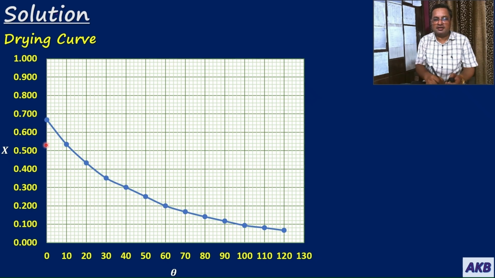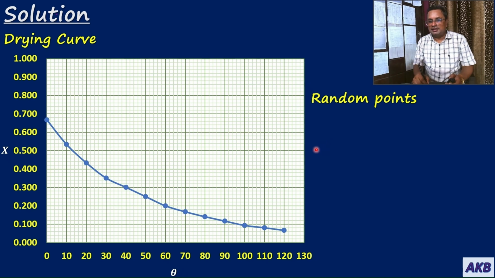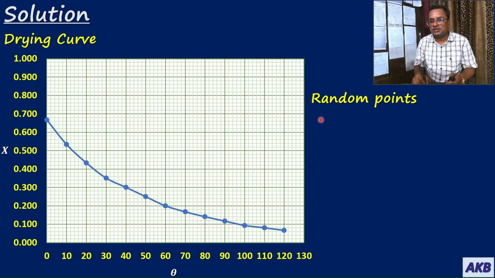So this is the drying curve that is obtained by plotting the experimental data, the data of moisture content on dry basis versus time. Then as we understood while understanding the approach, we will first select random points on the drying curve.